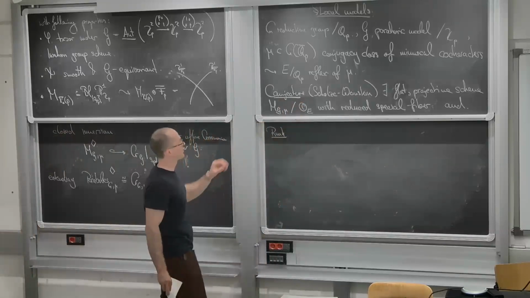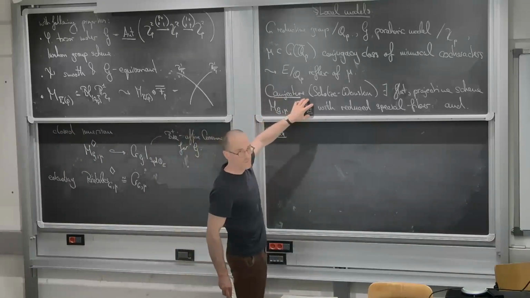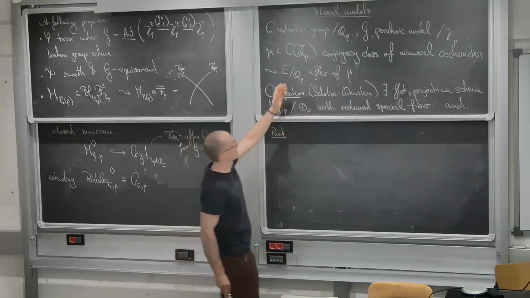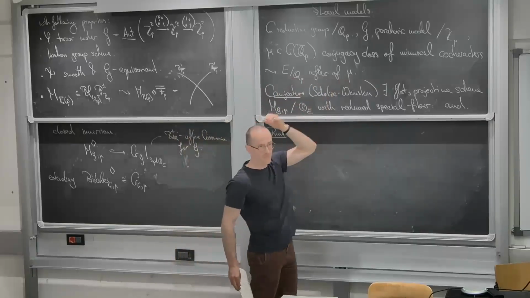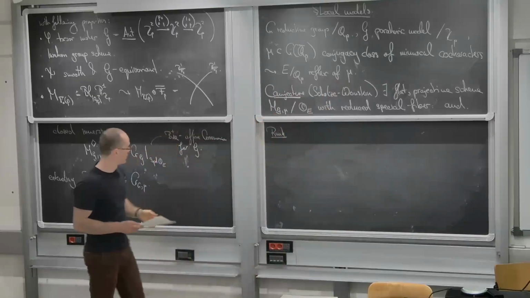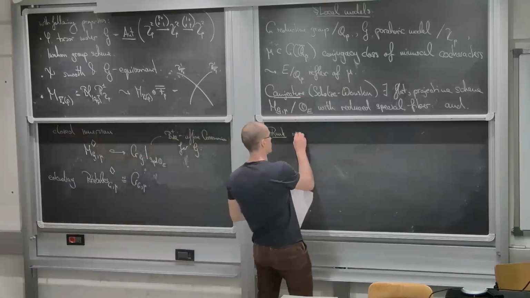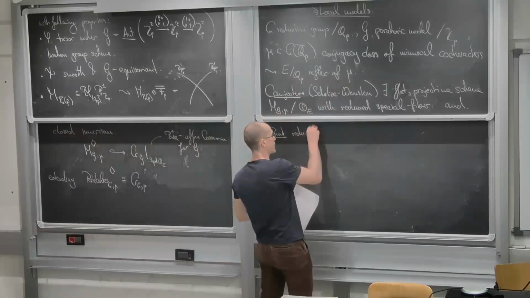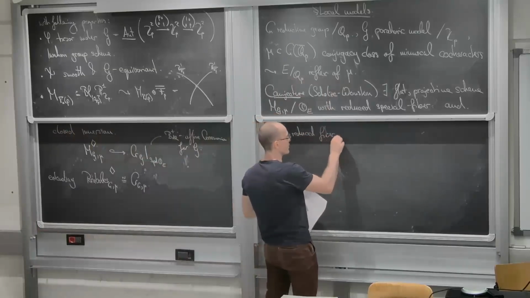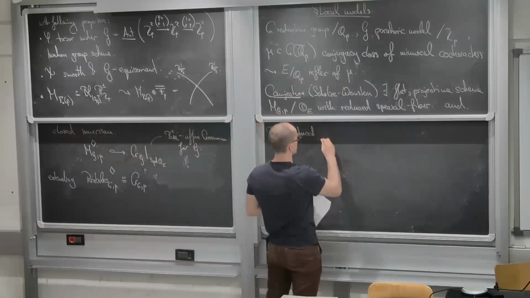And then we have this extension of Z_p. Yeah. Which somehow comes in because this might not be defined over Z_p. And so what is the remark here? Somehow asking for this reduced special fiber.